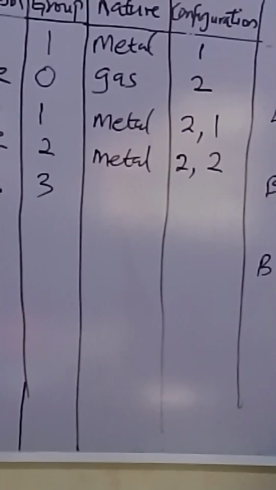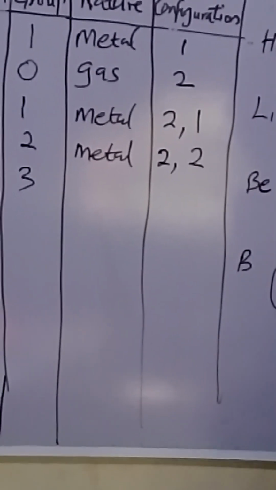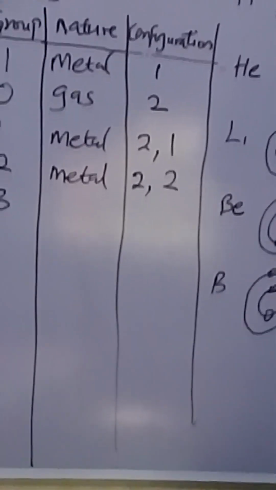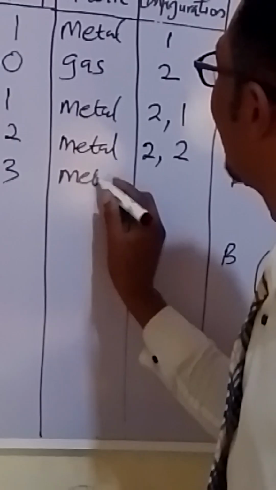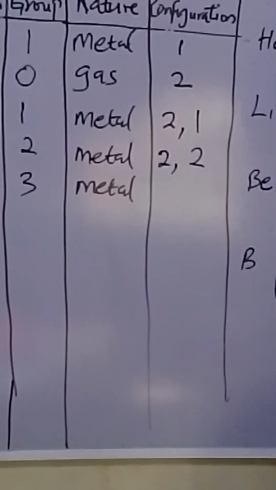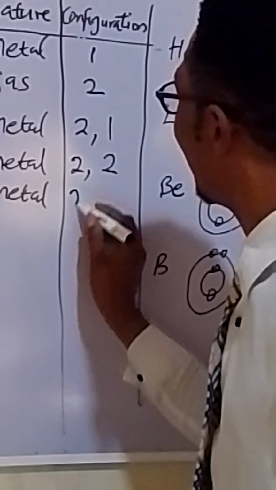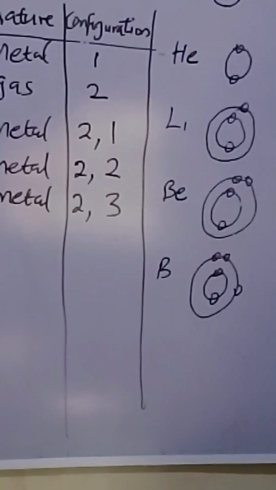Remember we said what determines the group is the number of electrons you have in the outermost shell. And then it is also a metal. Why? Because it has 1, 2, 3 electrons in the outermost shell. So it's a metal. Okay? Then the electronic configuration is what? 2, 3. 2 in the inner shell, and then 3 in the outer shell.